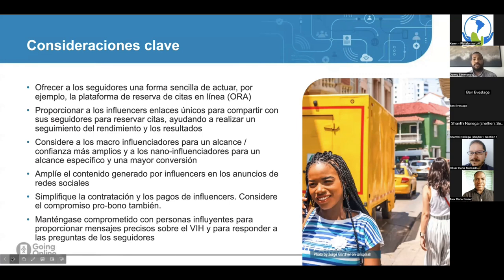This can include bringing in celebrities or entertainers in the country, members of government, to speak on some of these topics, to share content once in a while, and that will also boost your engagement online and could result in greater uptake of services. And finally, remain engaged with influencers to provide accurate HIV messages and to address questions from followers. That's very critical. And that's it for me. Thank you.